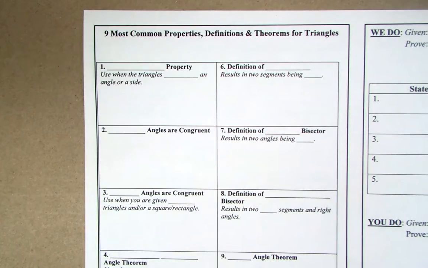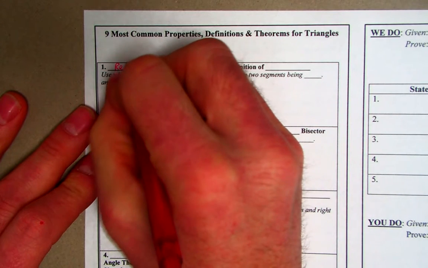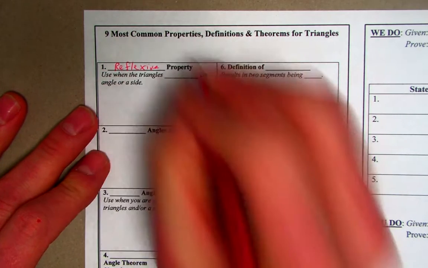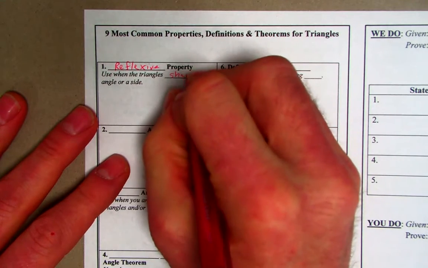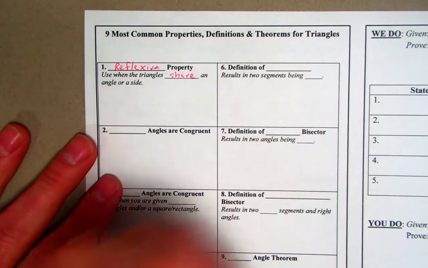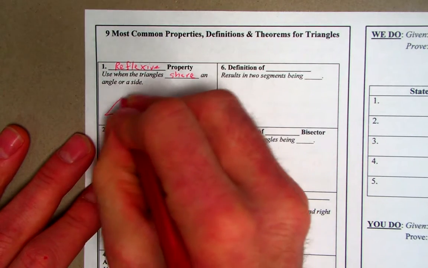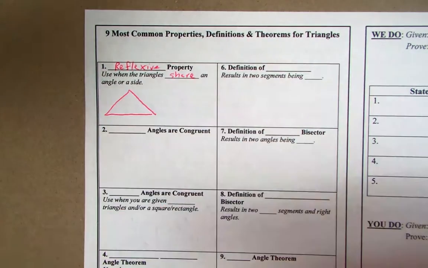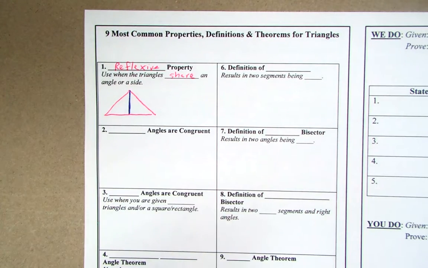All right, so on this page, I just wanted to list some of the common properties that you're going to use in these proofs. Reflexive, we've already seen quite a bit. Reflexive, we're going to use that when the triangles share a side or an angle. So something like this where they have a shared side.